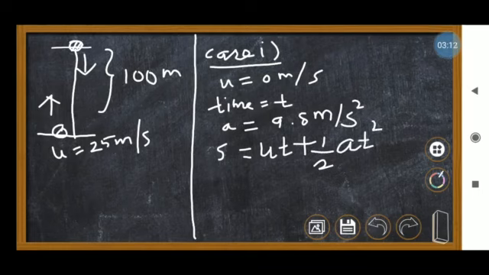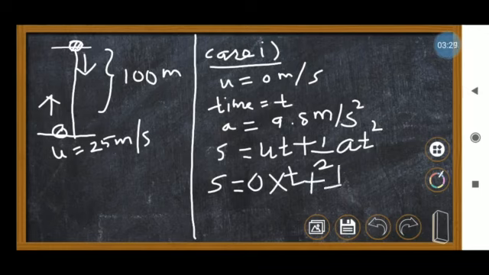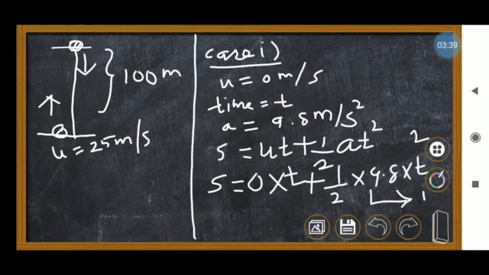With u equal to 0, substitute the values: s equal to 0 times t plus half into 9.8 into t square. Mark this as equation number 1.